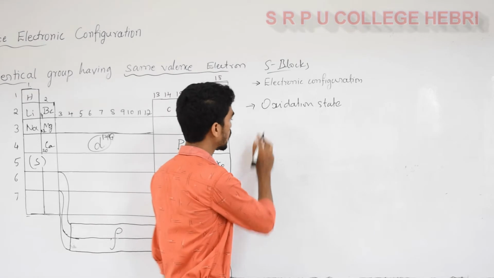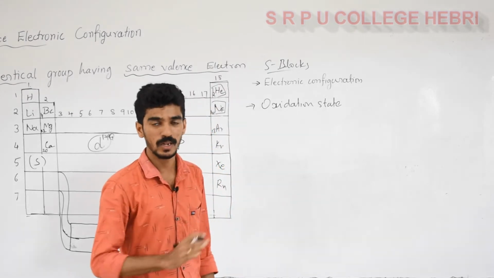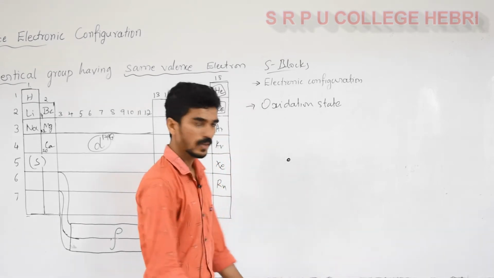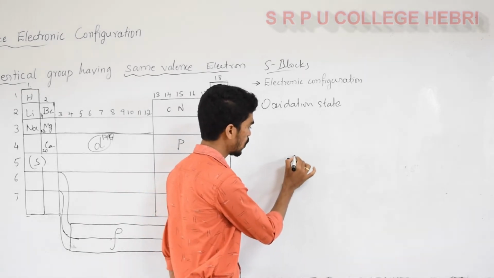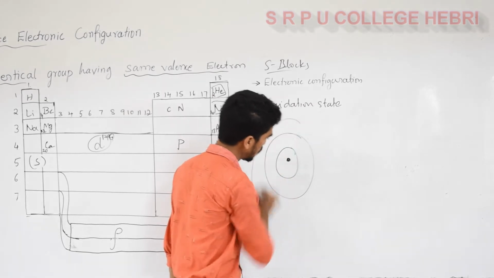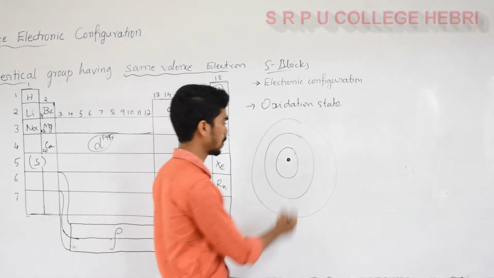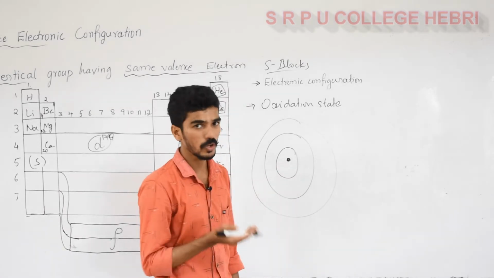In alkali metals and alkaline earth metals, consider the outermost shell. An atom has a nucleus, and electrons are present in different orbitals.